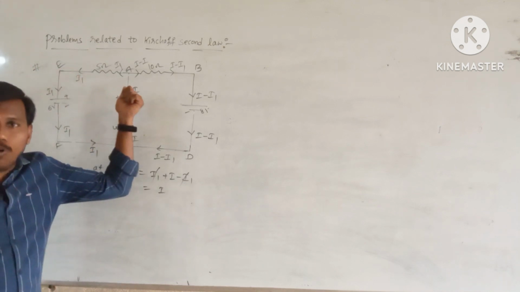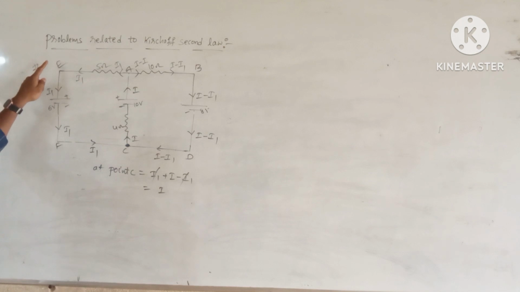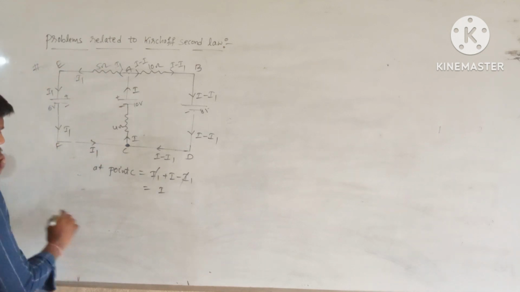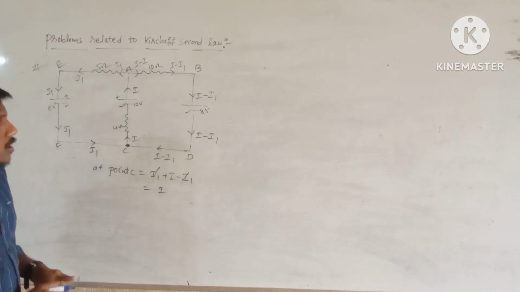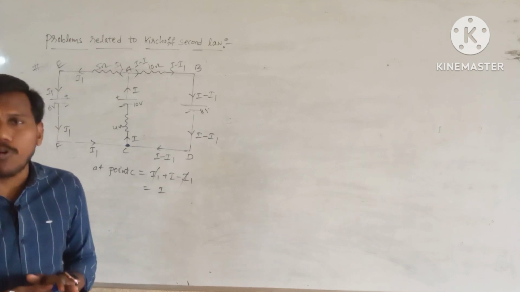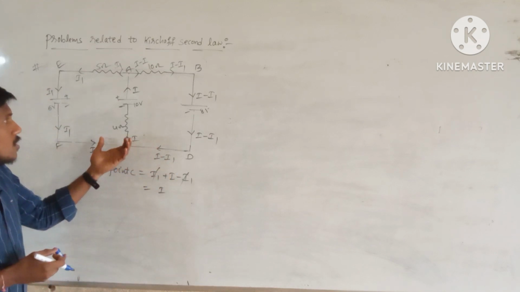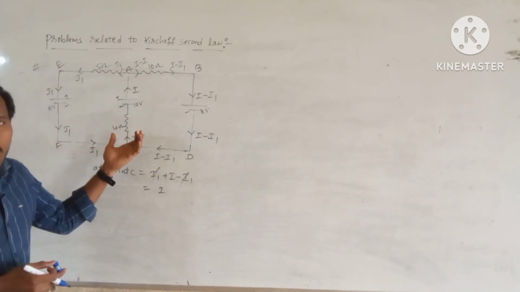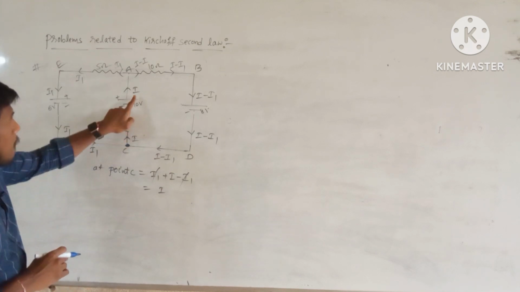Now I am considering a closed loop EACFE. Before considering closed loops, first we check the number of unknown quantities. How many unknown quantities? 2. What are they?